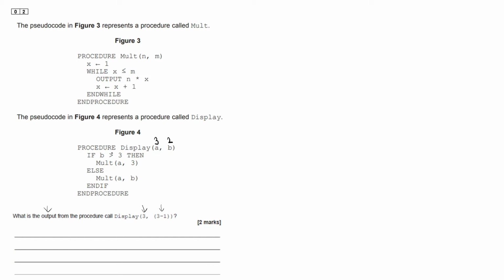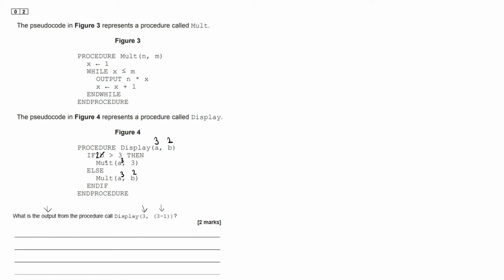So we can put those to the parameters there, so we know what we're working with. Next, we need to see what's happening down here. So if I'm passing the number 3 into A and 2 into B, then A is a 3, B is a 2.